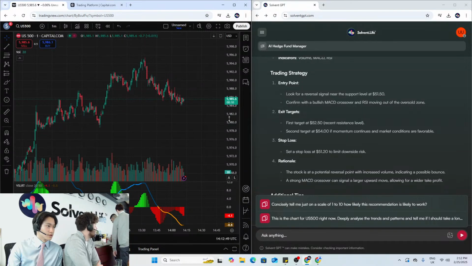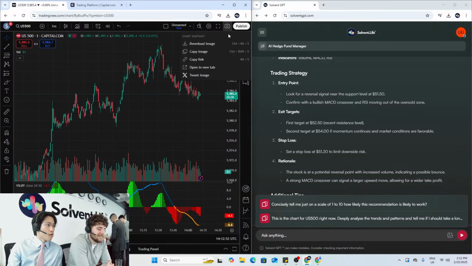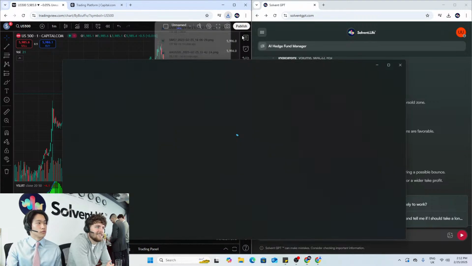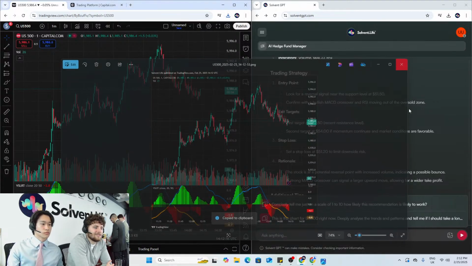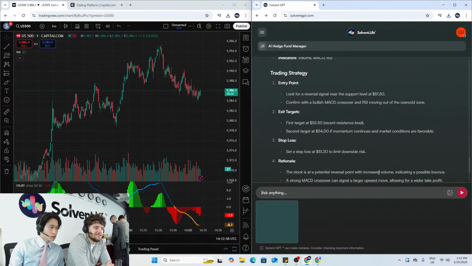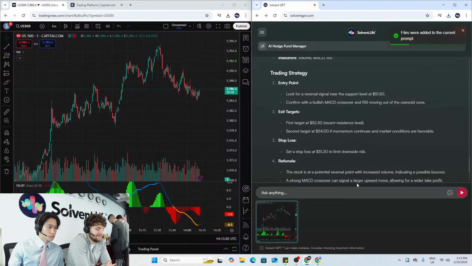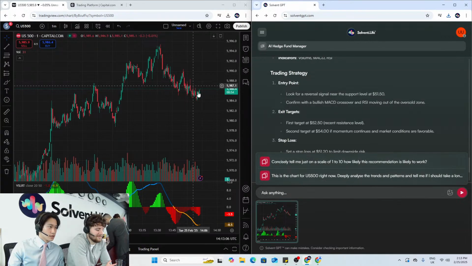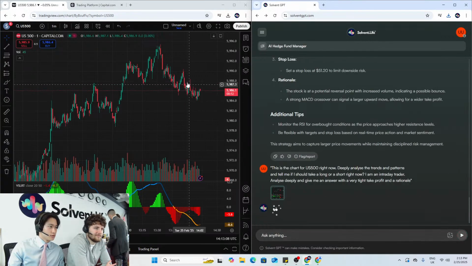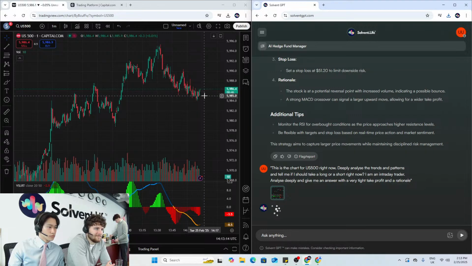Could be a reversal here. Potentially, yeah. Should we buy? It's just broken above the resistance. Still in a downtrend. But it's weakened momentum.